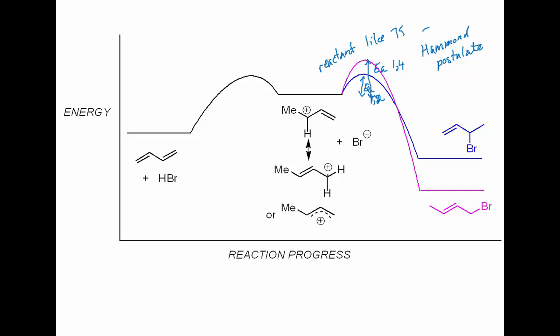Okay, they're both allylic, so they're both pretty good for that reason, but secondary allylic is better than primary allylic. So in this resonance hybrid, we're just saying there's more partial positive there. Notice how my partial positive sign was bigger on the left side than on the right side.